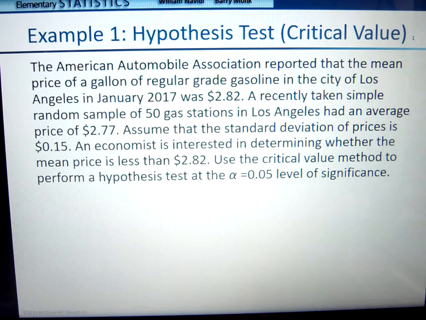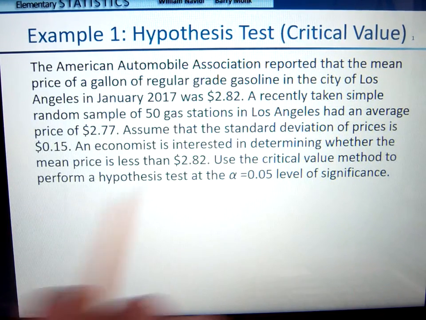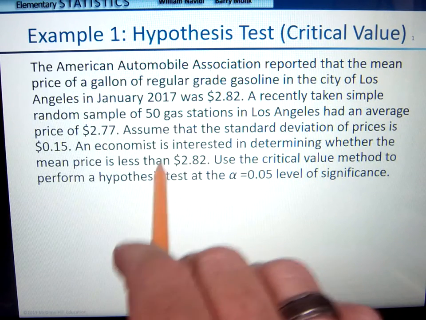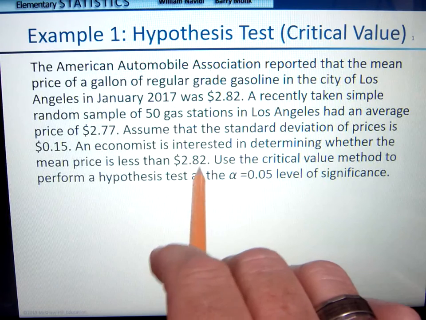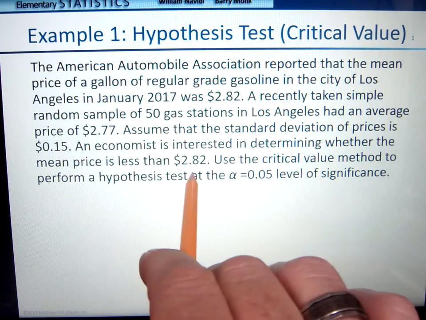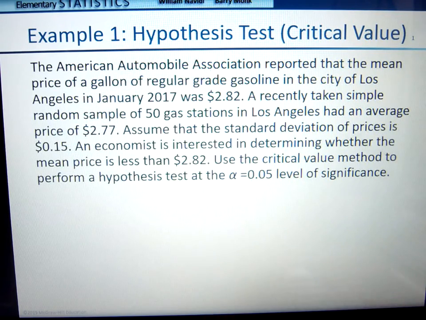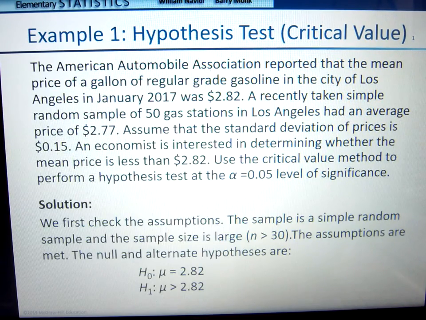Again, we're saying it doesn't necessarily have to be exactly $2.82. We want to know if it's significantly different than that. And that's why we have this level that we're going to test it on. First, we check the assumptions. It is a simple random sample, and the sample size is large.